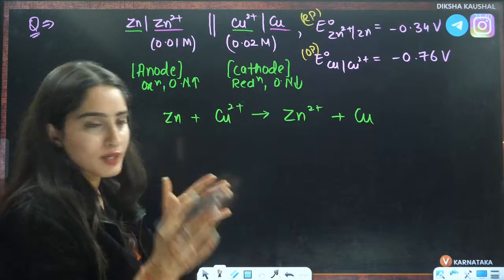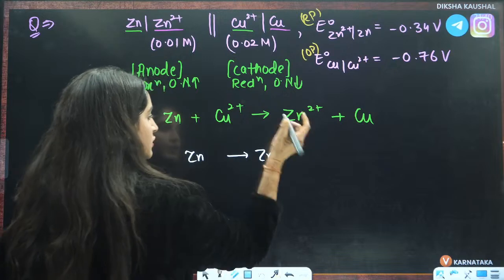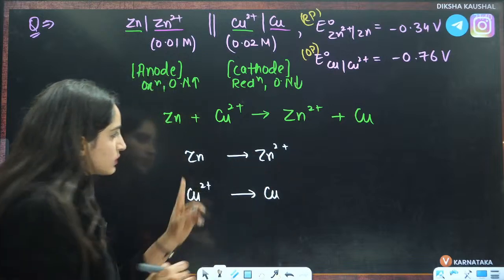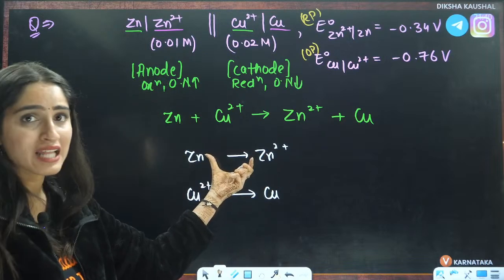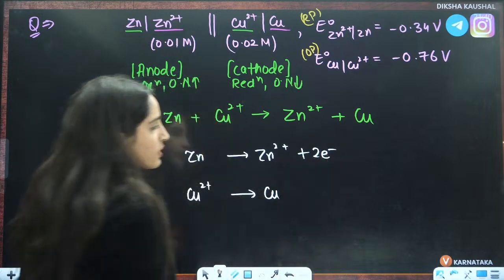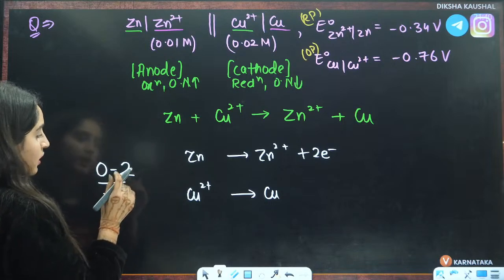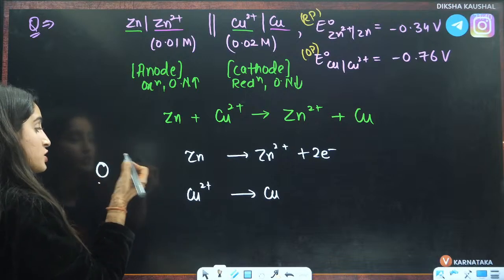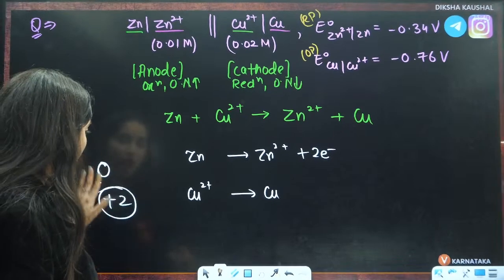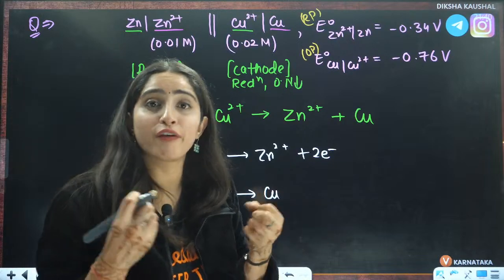Now, if you write it individually, we know that Zn goes to Zn2 positive. So first equation. Second is from Cu2 positive to Cu. Here it is oxidation, that is why it is losing the electron. 2 electrons it must be losing. If you have 0 and you are taking out 2 electrons from there, then it will have deficiency of 2 electrons.